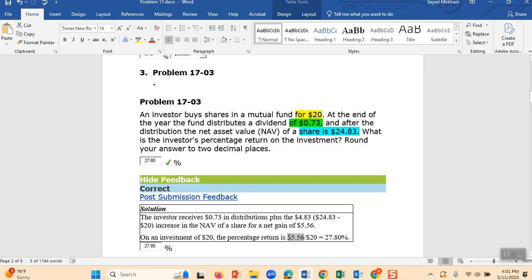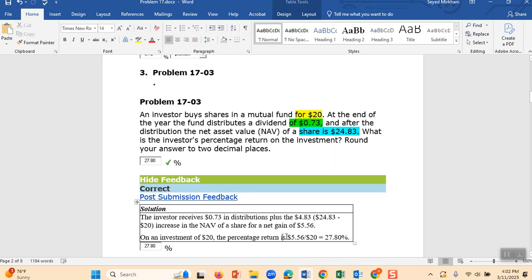Where did this money come from? $4.83 of it came from here. And also you make 73 cents on interest. If you add this 73 cents interest with this $4.83, that becomes $5.56.